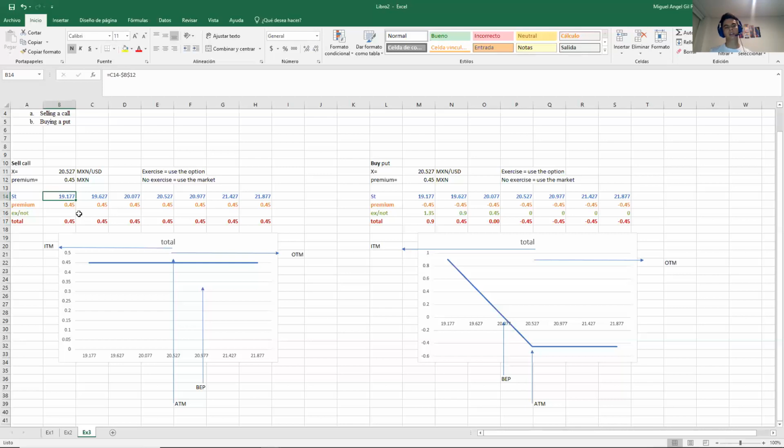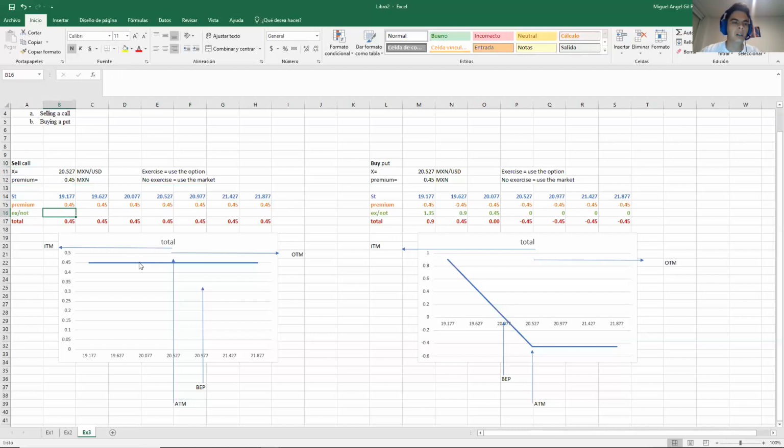So as you know, the spot is very simple. That line is not worth talking about. The premium is positive in this case because we are selling the option. When you sell something, you receive the price. So that's why the premium is positive in this case. And in exercise or not, let's think first like the other person and decide if that person is going to exercise or not.